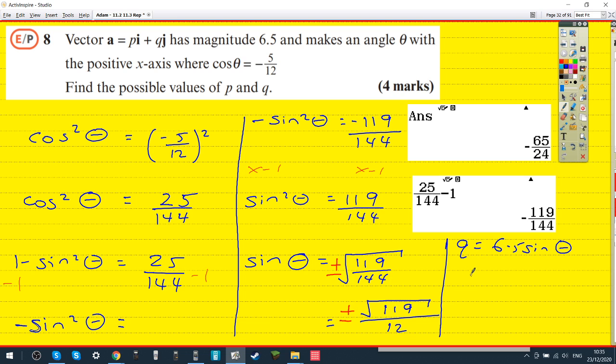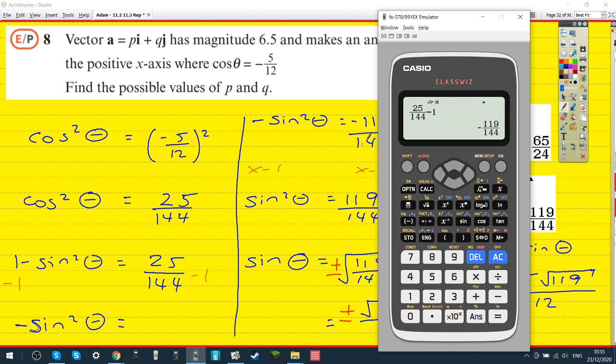Yeah. And you can put it in the calculator, like answer times 6.5. Okay. It's going to look like that.